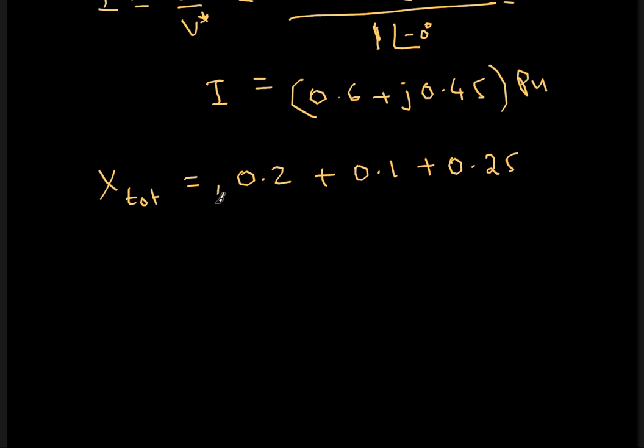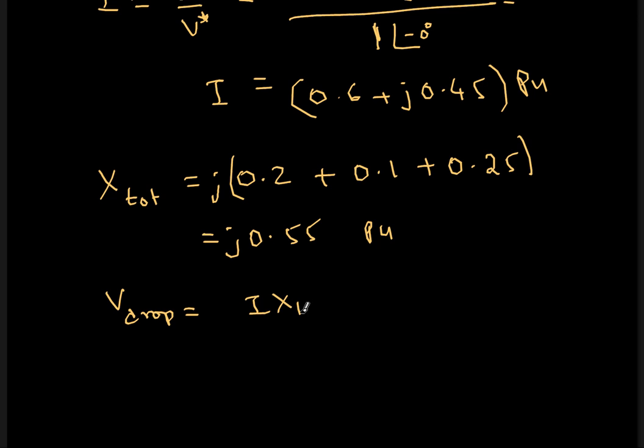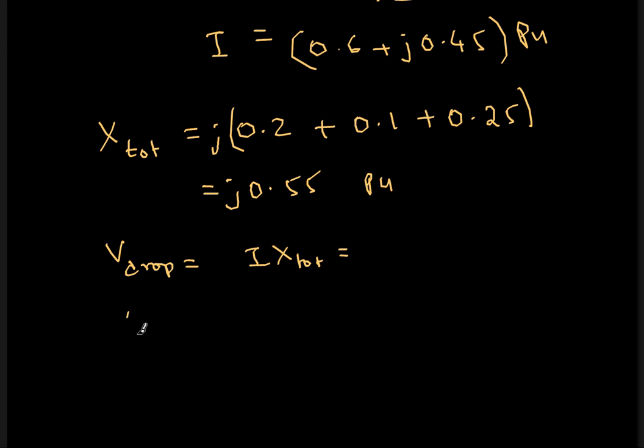This is all with J, so this is J 0.55 per unit. From this I can find the total voltage drop, which is I into X total. If I add this voltage drop to V, I'll get E. So E as a vector will be V plus I into X total.